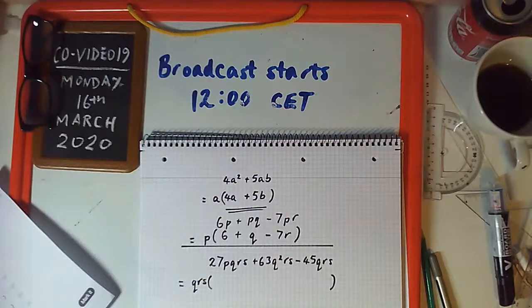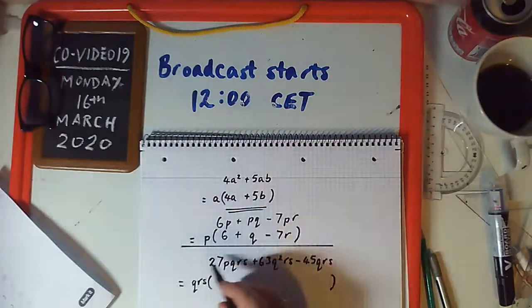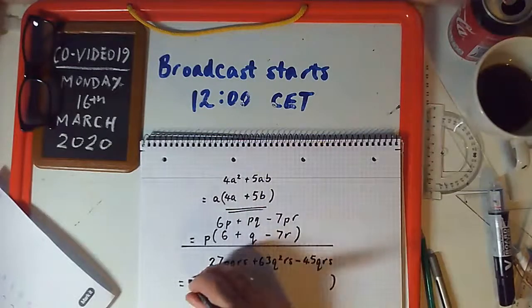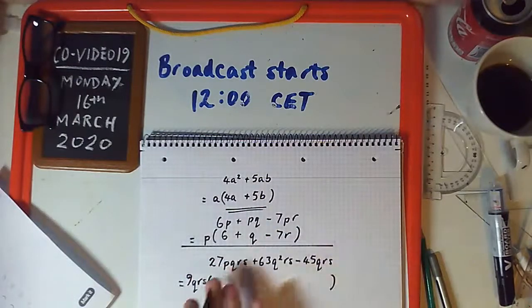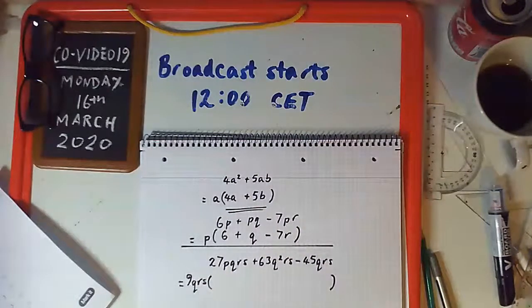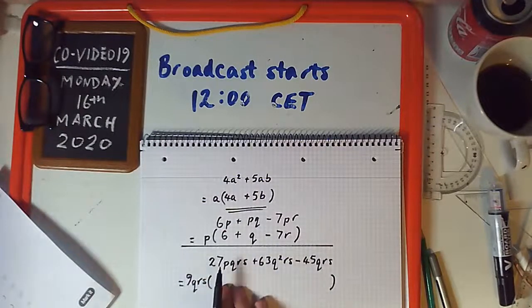I'm just trying to think if they can be divided by anything bigger. Yes, 9. They can all be divided by 9. So every one of these 3 terms can be divided by 9QRS.